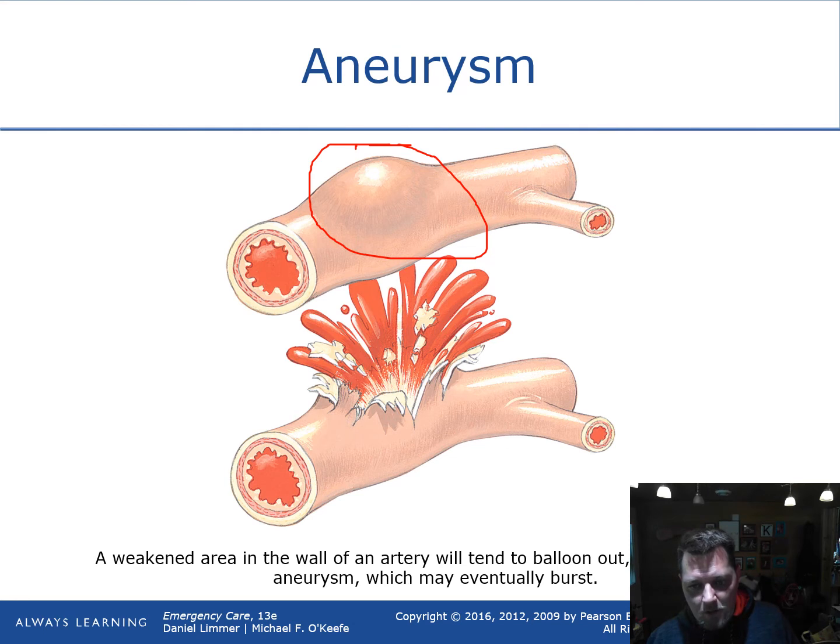Sometimes that AAA will pulse, and if it pulses, don't touch it. Move your patient very gently, because when it's pulsing, that means it's getting ready to burst. And then you've got internal bleeding, and your patient's probably going to die pretty soon. Okay? You need surgery.